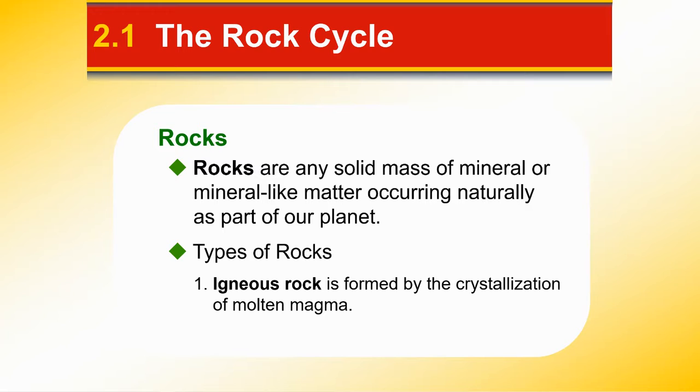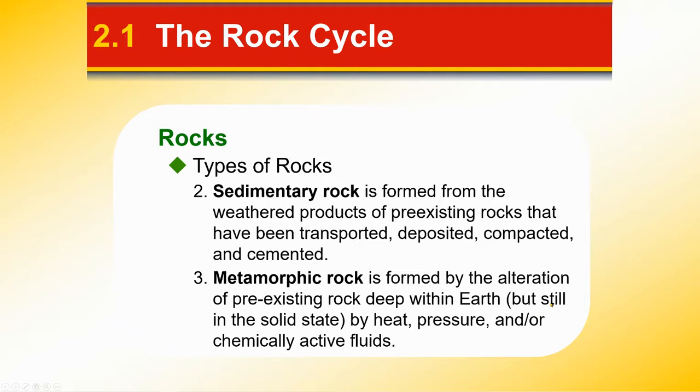Water can add to a rock and how rocks are formed. So anyway, the rock cycle, the first is the type of rocks. Igneous rock is formed by the crystallization of molten magma. There are sedimentary rocks, formed by weathered products of pre-existing rocks that have been transported, deposited, compacted, and cemented. We're going to talk about those in the next chapter.